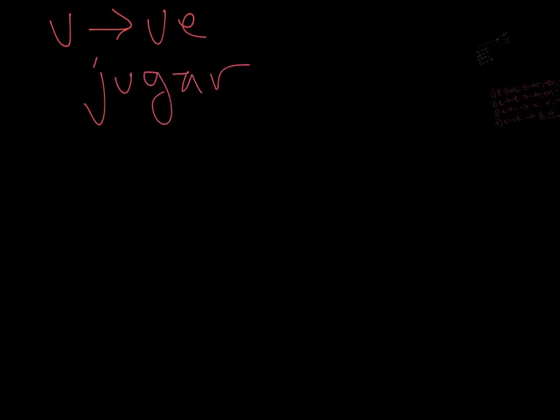We will start with the simple first category where U changes to UE. Only one verb. The verb is to play. To play in Español, as in to play sports or games, not instruments. For instruments or music, it's tocar, which is not a stem-changing verb.